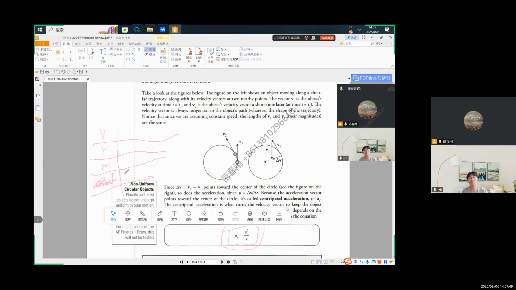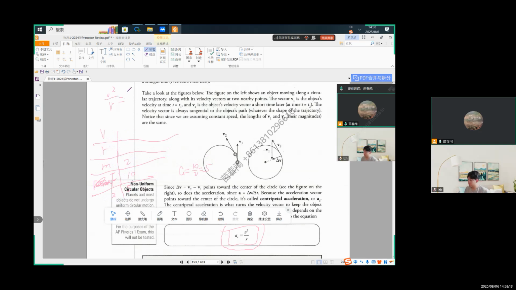For example, let's say the force is 10, m is 2. So my acceleration must be 5, right? Does that make sense to you? Yeah. So my acceleration must be 10 over 2, which is 5, according to Newton's second law. But I can also find this relation with v squared over r.